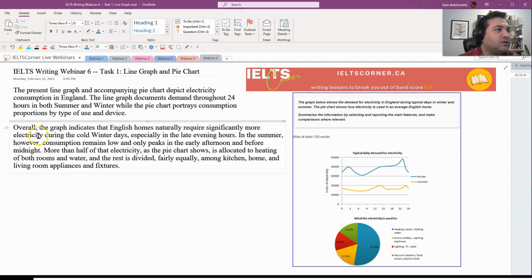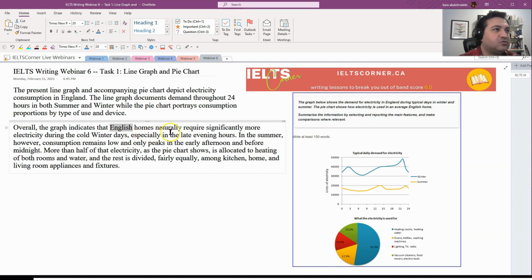Overall, the graph indicates that. When I say the graph, I'm talking about the line graph here, indicates that English homes. I don't say British homes because it doesn't say Britain, it says England.